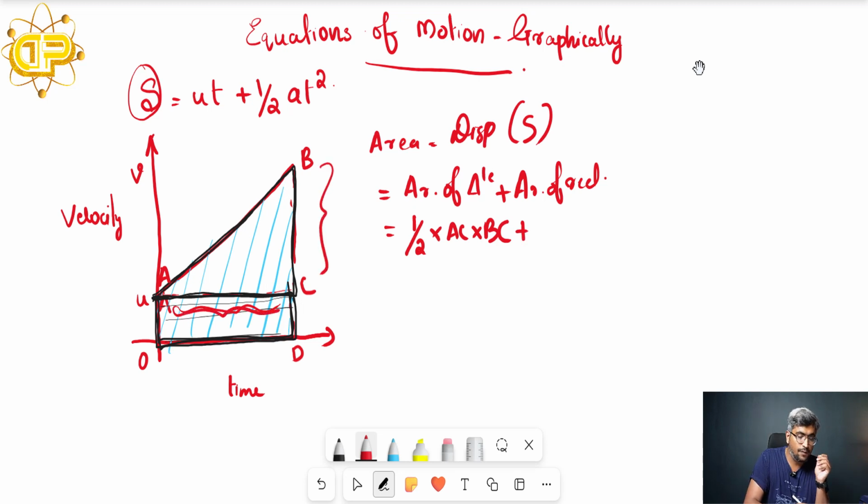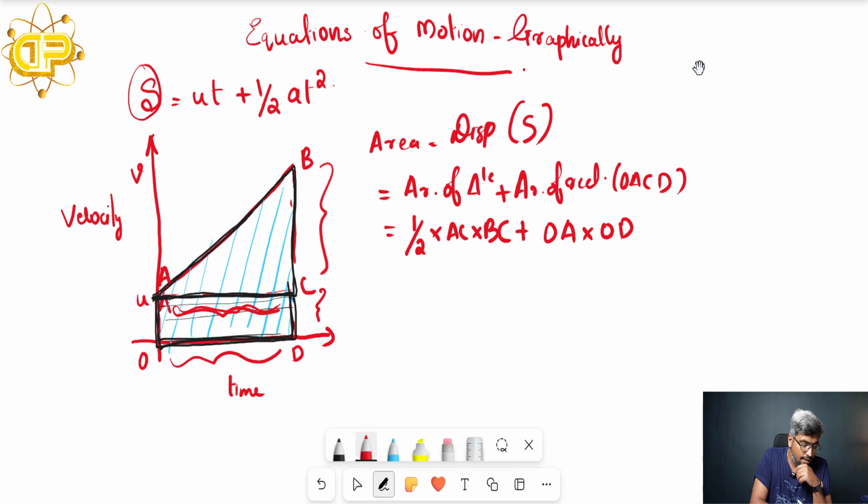Plus what is the area of the rectangle OACD? The area of the rectangle OACD is length into breadth, that is OA into OD. So this is the length and this is the breadth.